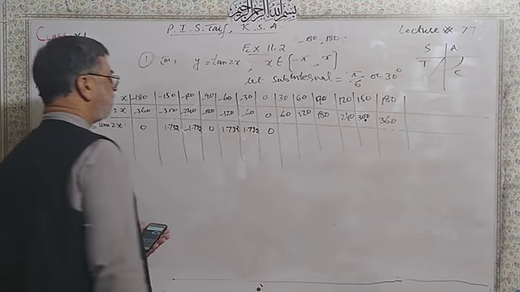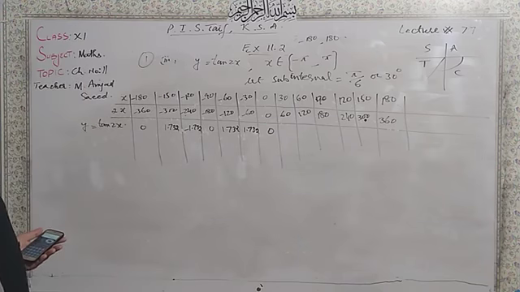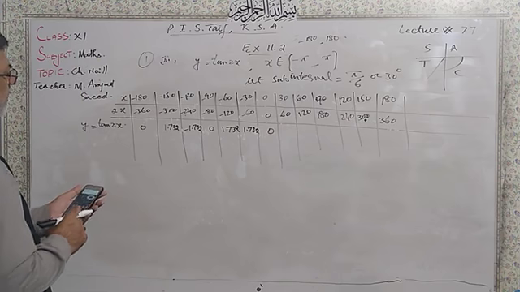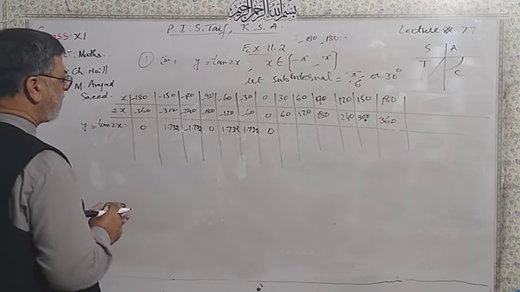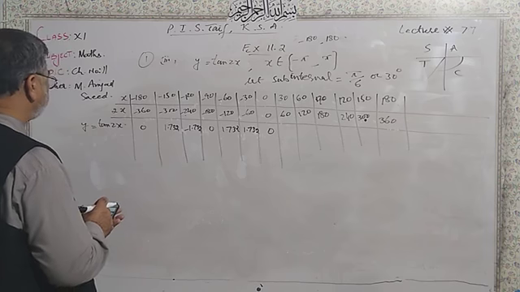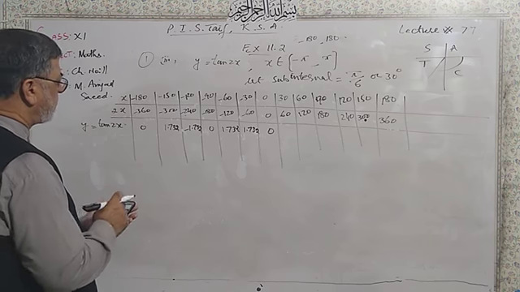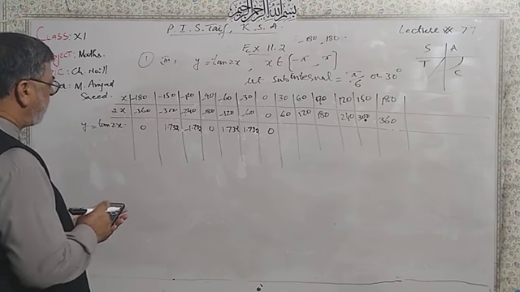Tangent 0 is 0. Tangent minus 60, tangent minus 120 will be positive. Tangent minus 300.